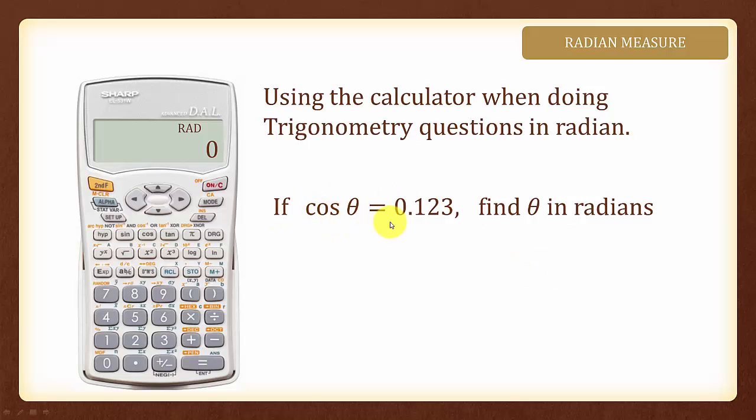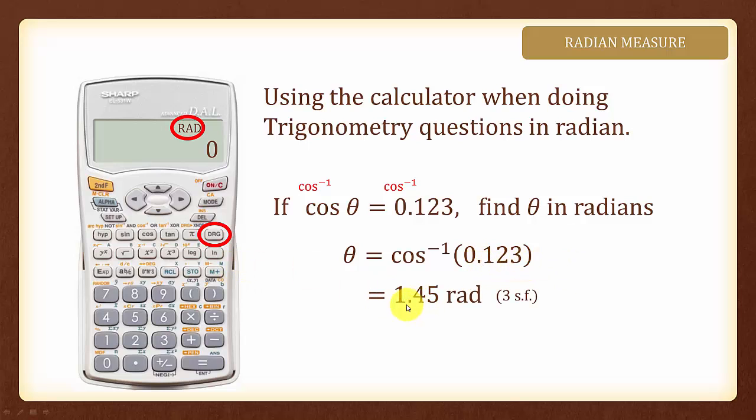Now, if cosine theta is equal to 0.123, how do we find theta in radian? To do so, we will once again need to ensure that the calculator is in radian mode because we want to find the angle in radian. We will need to take the inverse cosine on both sides to give us theta equals the inverse cosine of 0.123. This in turn will give us 1.45 radian rounded off to 3 significant figures.